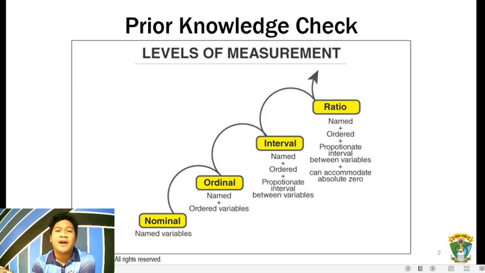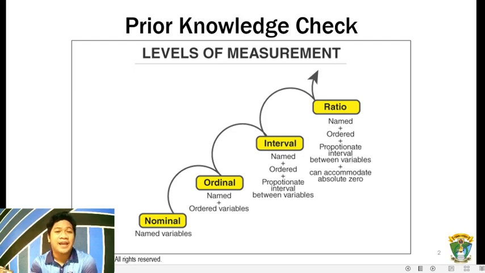So nominal variables or nominal data are simply about labels or names or characteristics of which no one is higher than the other. An example of this is sex, male and female. We cannot rank or we cannot order male and female from highest to lowest. We simply have male and female and they are of equal footing.